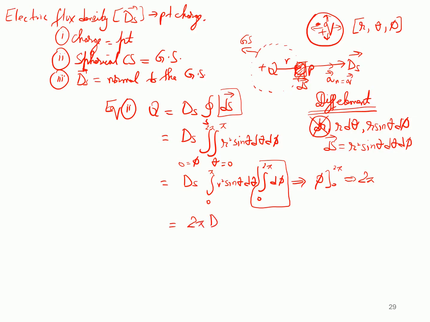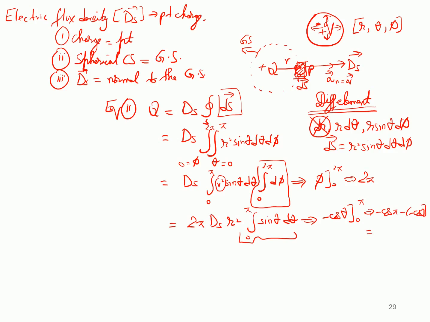This r squared can be brought outside the integral, and I am now only left with the integral from 0 to pi of sine theta d theta. If I integrate this portion, it comes out to be minus cos theta with the range from 0 to pi. This comes out to be minus cos of pi minus cos of 0.